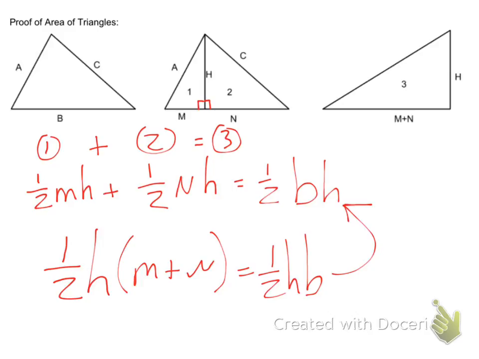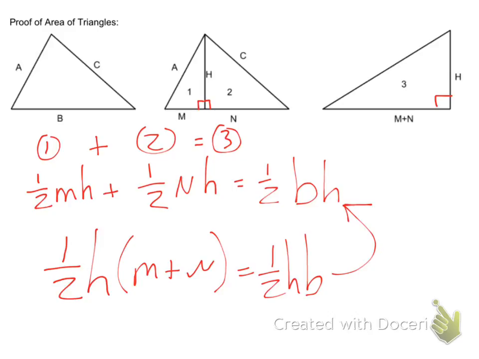Basically what we did is move the height to the end, forming a right triangle. I can take any triangle I want and create the right triangle equivalent that has the same area. That works because M plus N is still the base and the height still has to be the same.